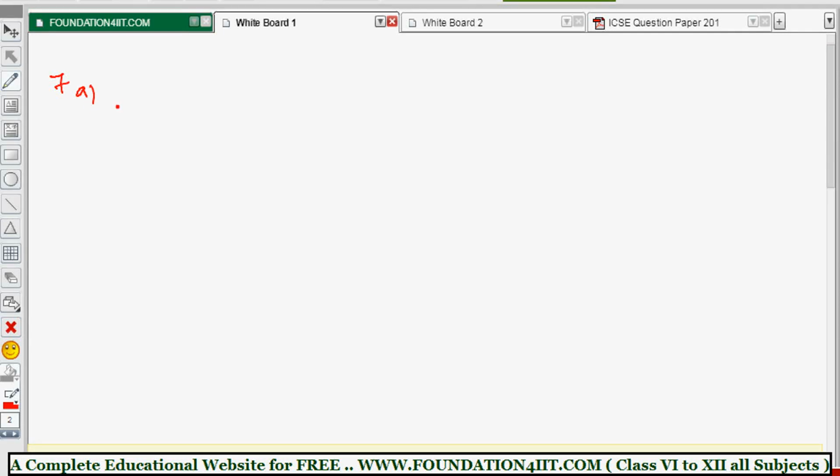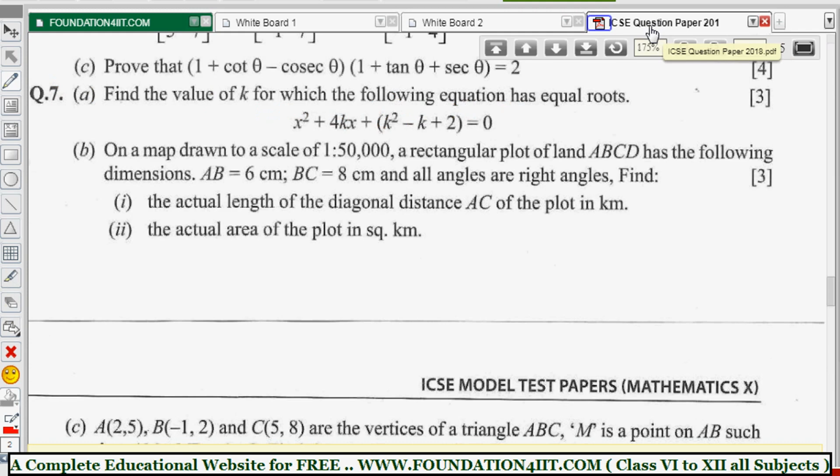7a. So the given quadratic equation is x² + 4kx + k² − k + 2 = 0. Okay, this is the given quadratic equation. The condition is the equation has equal roots.